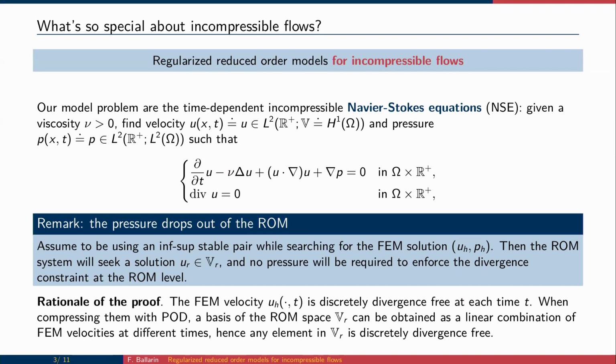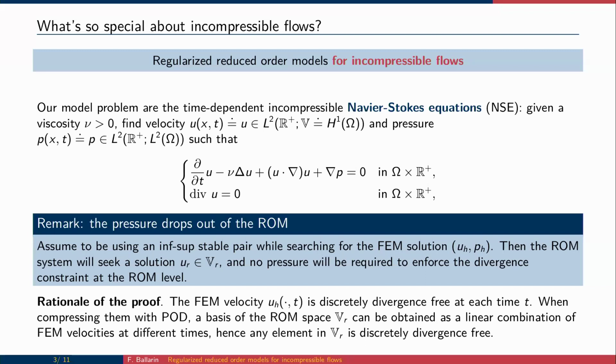The third part of the title is incompressible flows. In my work, I mainly work on the incompressible Navier-Stokes equation, in which we have an unknown velocity and an unknown pressure that satisfy a momentum equation, the first equation in the system, and the incompressibility constraint, divergence of U equal to 0, the second equation in the system. What is so special about these incompressible flows when talking about ROMs?